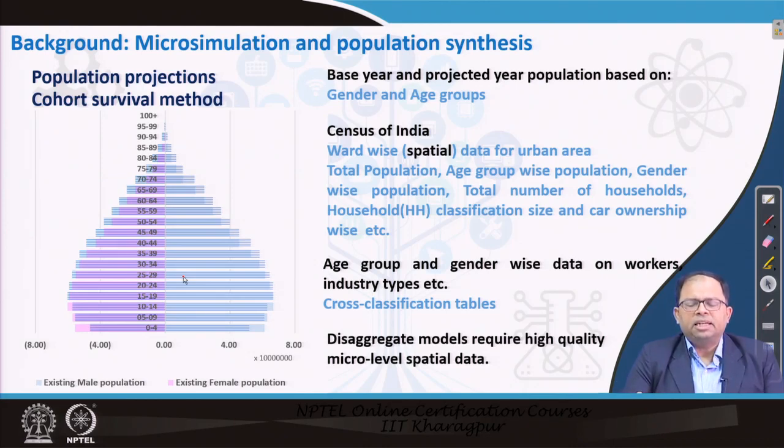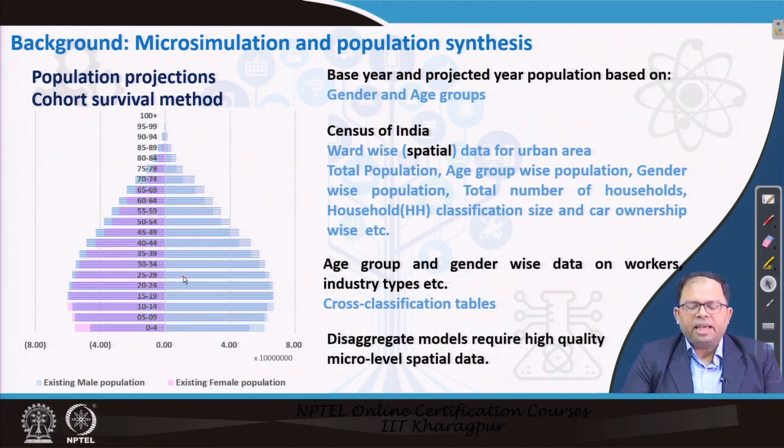These are the detailed data given for each ward in an urban area. If we want data on both gender and age group for each ward, that may be available, but if I ask for car ownership data for each age group, that is definitely not possible from the census.